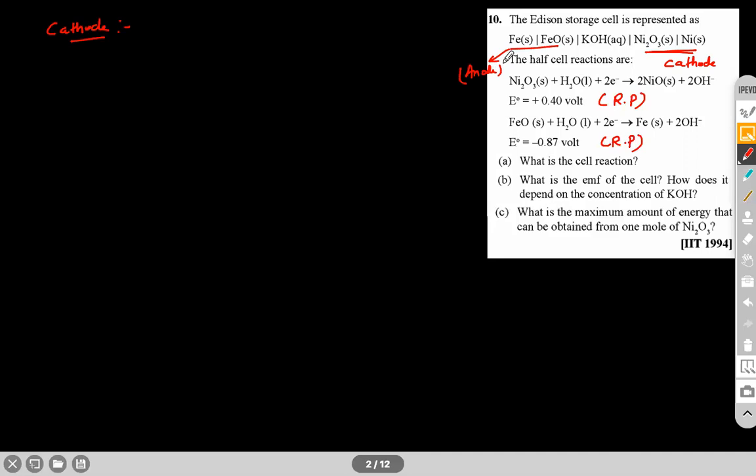Right side cathode, left side anode. Okay, so cell reaction will be what? We'll have to add the two reactions. Right, we have to add the two reactions. So what we'll do, we'll inverse the second one and we'll add with the first. So cell reaction is here.